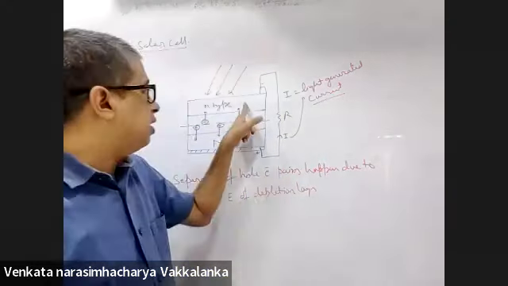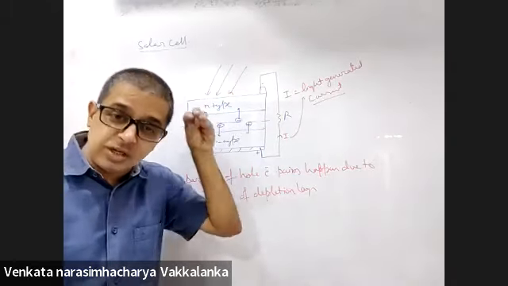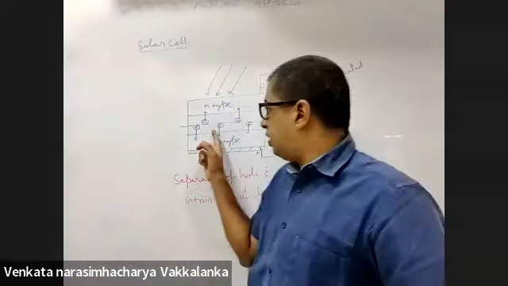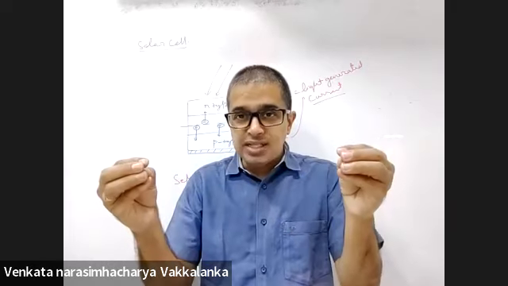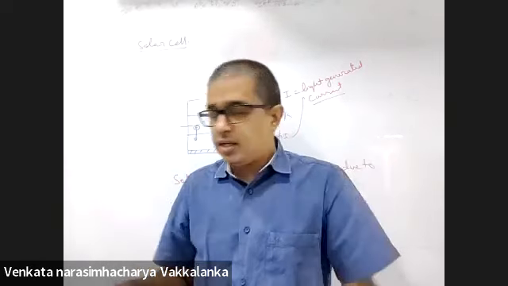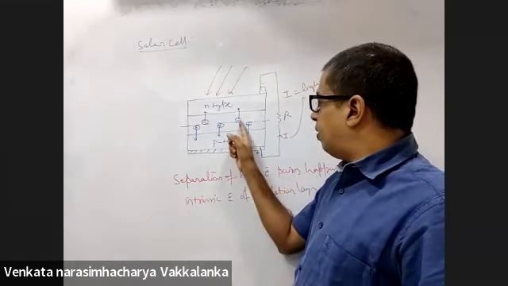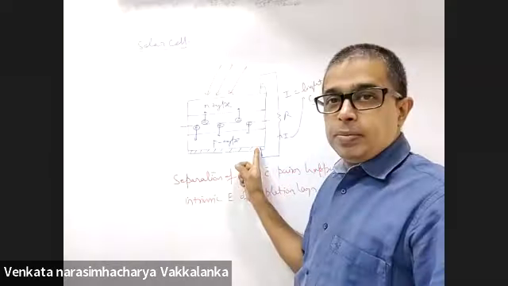If not, I will have trouble sending the incident light to the depletion layer, and light must reach it. The mechanism is that light falls on the depletion layer. The bound hole electron pairs are separated because of the light energy. The intrinsic electric field will pull the electrons to the upper part and positive holes to the lower part.